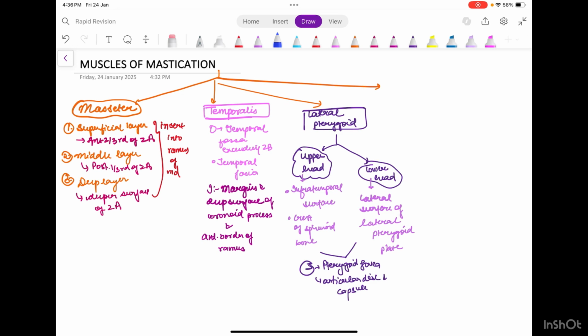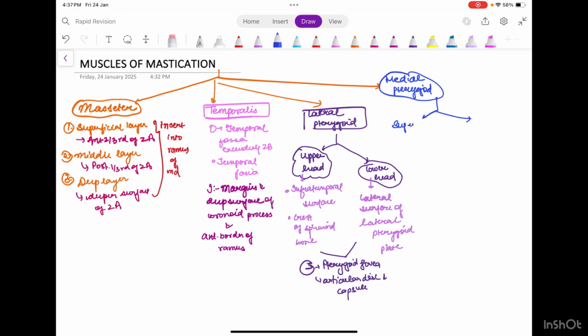Now for the medial pterygoid. Now you need to know medial pterygoid has superficial head and deep head.